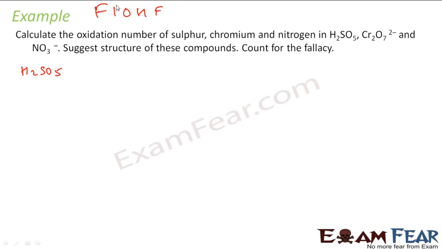There is no free element here, there is no ion. Oxygen we have, so we'll take it minus 2. Hydrogen we have, then we'll take it plus 1. Let this be x. You solve it, you get 2 into plus 1 for hydrogen, plus x for sulfur, plus 5 into minus 2 for oxygen. This is equal to 0. The total sum formula, that your sum of oxidation numbers is equal to 0. You solve this, you get x to be what?